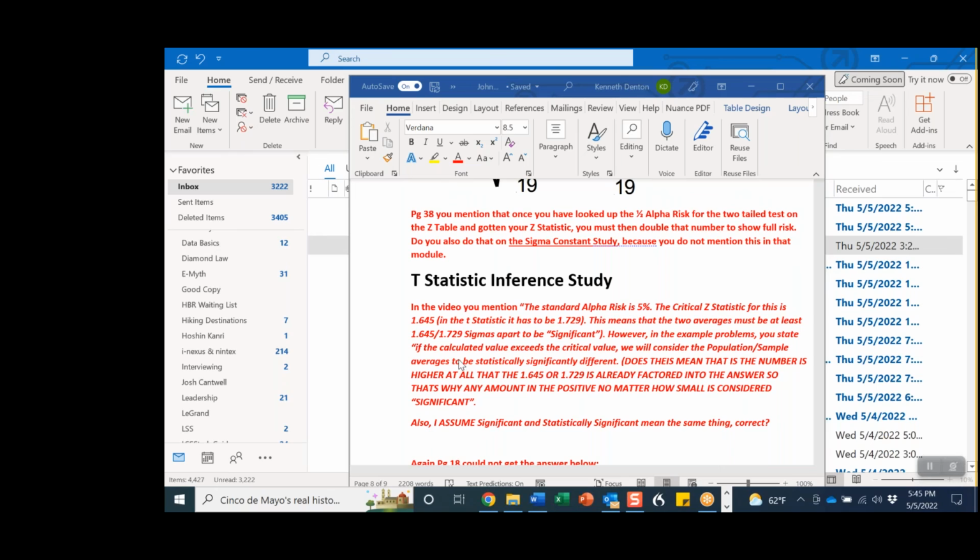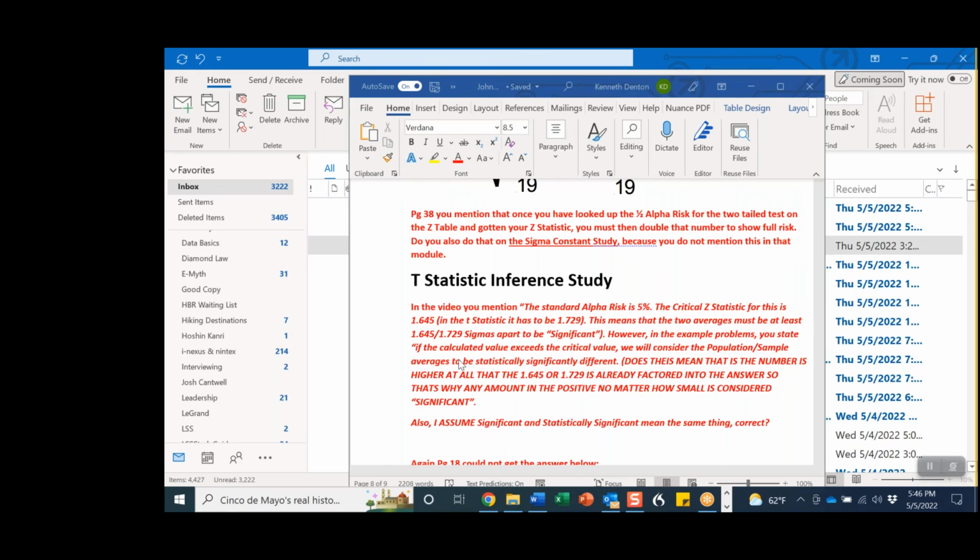Okay, let me say it this way. You're saying that when I subtract them, the difference has to be 1.645 or something.